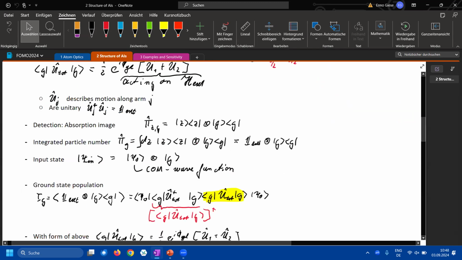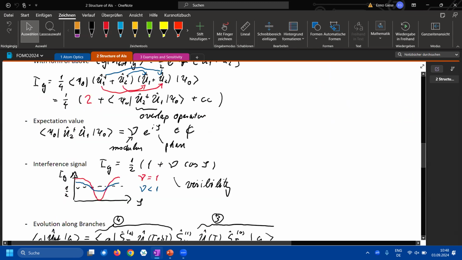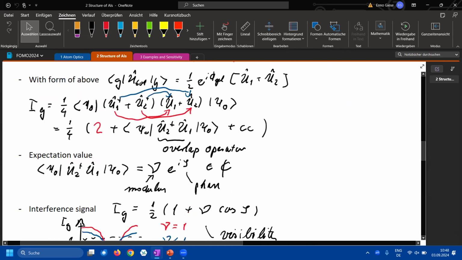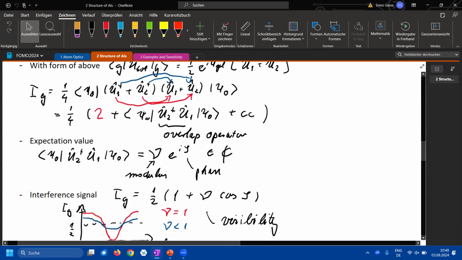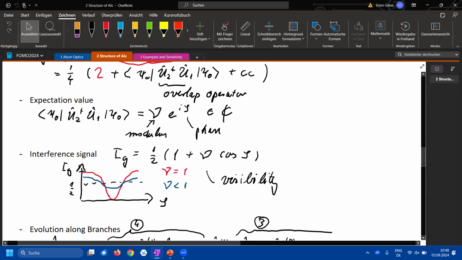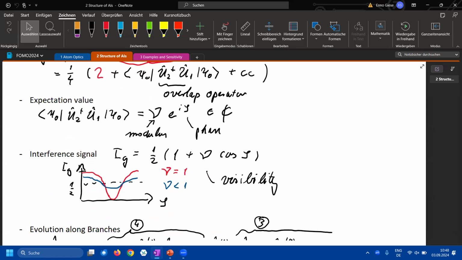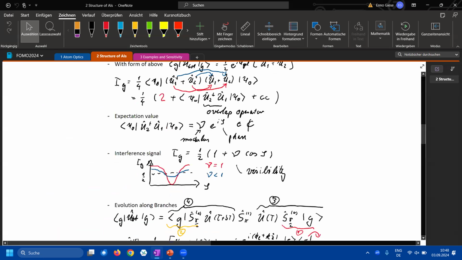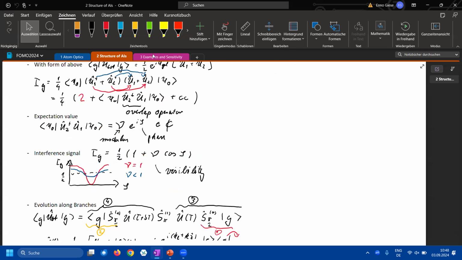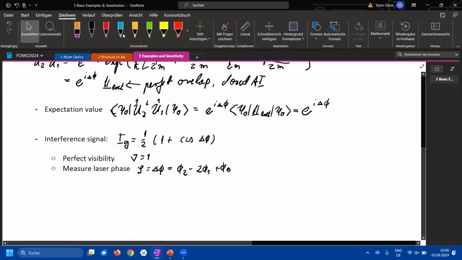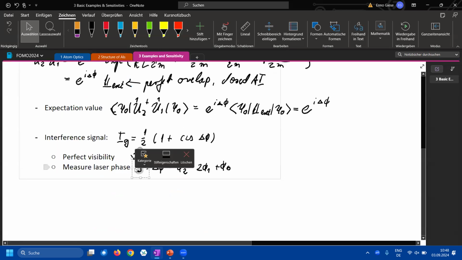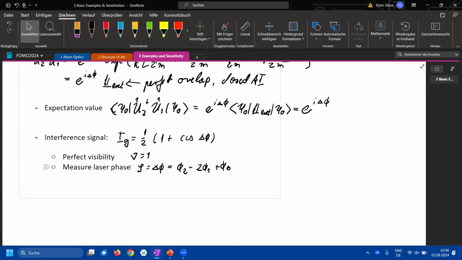Where did I define that? Yeah, so this is the overlap operator, and I said here the overlap operator has its modulus and phase, and the modulus determines the visibility. And now, because the overlap operator is the unit operator, identity, we just observe that it is equal to 1. Okay, and actually I will call everything where you have an overlap operator up to a phase a closed interferometer.